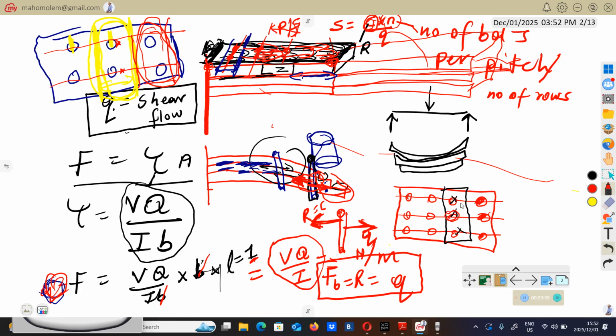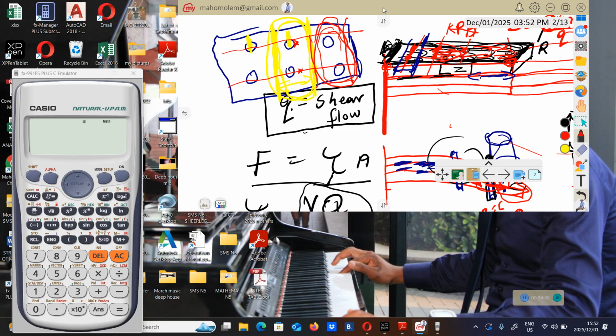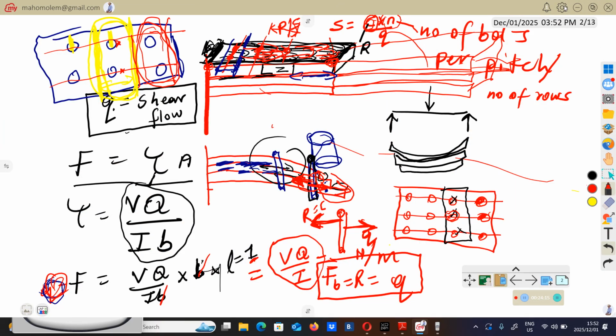So now the reason we have this N here is because on this formula, we don't want the resisting force of one bolt. We want the resisting force per pitch.